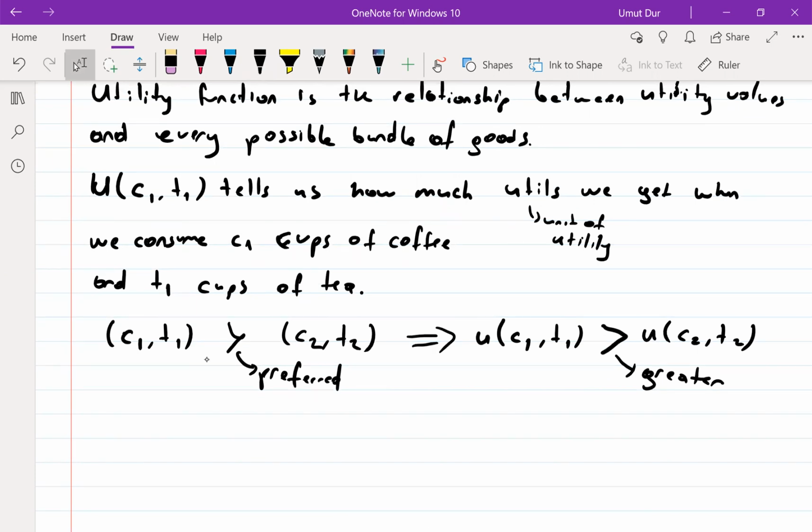So let's say that our utility function is c1 to the power 0.5 times t1 to the 0.5. So I define our utility function as follows.